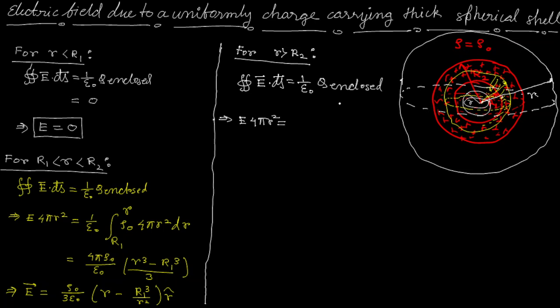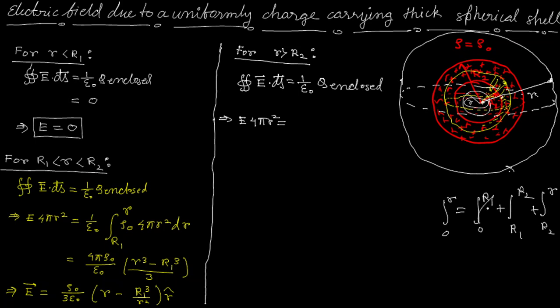Now what will be the enclosed charge? We have to calculate the enclosed charge within the Gaussian surface, from 0 up to this point, but in this case the charge is distributed within r1 to r2. So we can break this limit for this surface, 0 to r, into 0 to r1, plus r1 to r2, plus r2 to r.